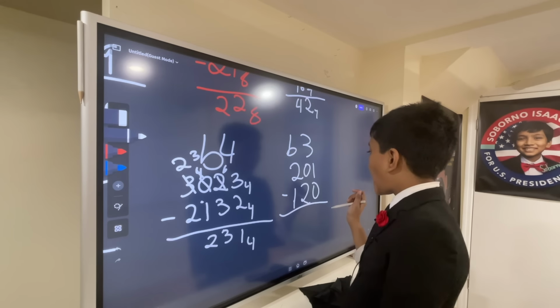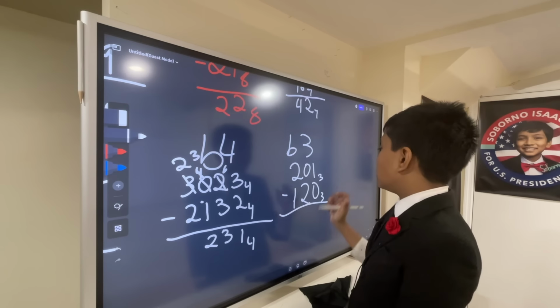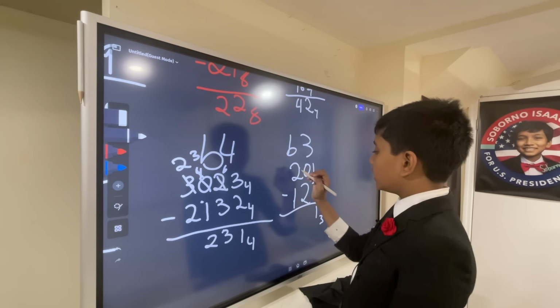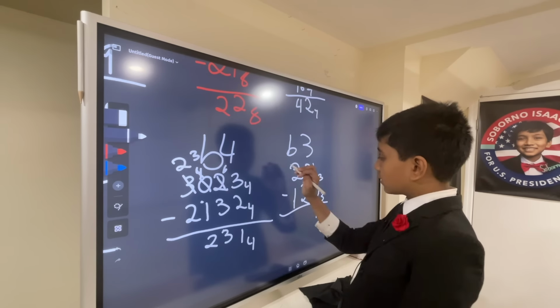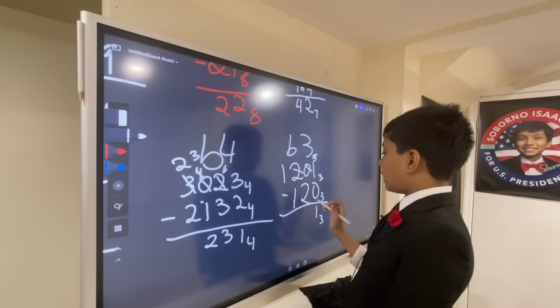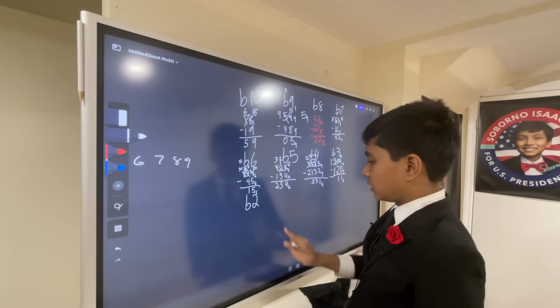Okay. So 1 minus, and let's specify. 1 minus 0 is 1, obviously. Now 2 minus 1 is 1, but 0 minus 2, that's not going to work. So we're going to borrow from here. This is going to become 3. 3 minus 2 is 1. 1 minus 1 is 0, so it's just 11 base 3.